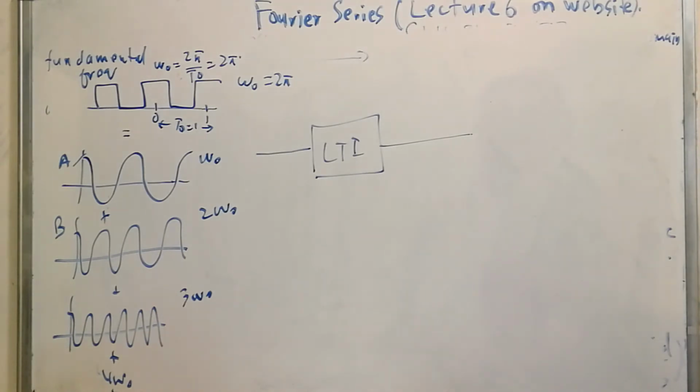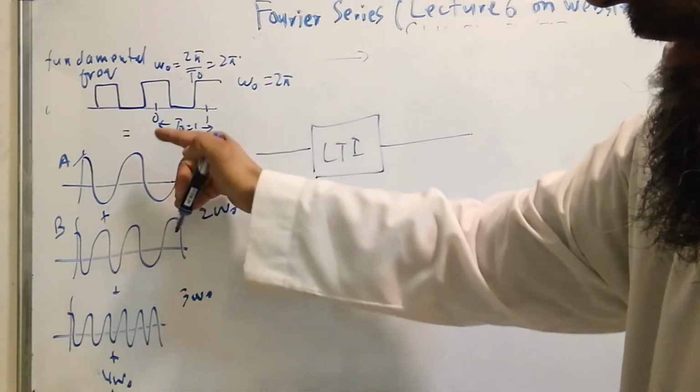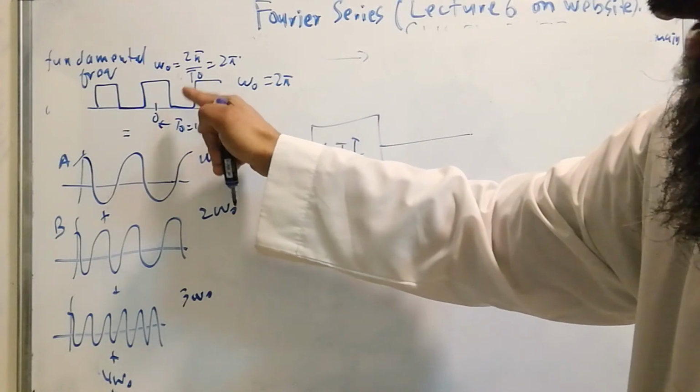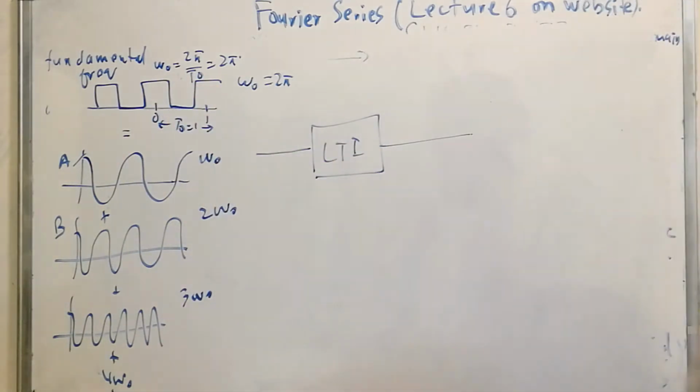The Fourier series allows us to split any periodic signal into a summation of the harmonics.